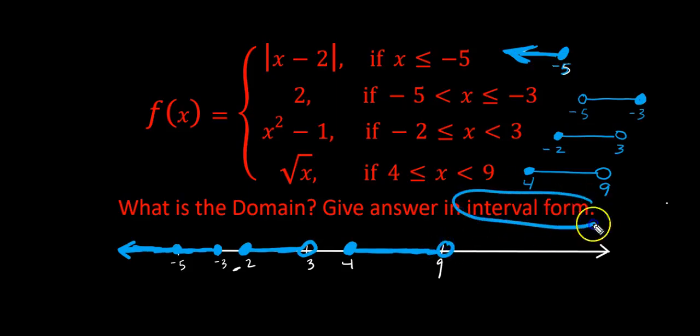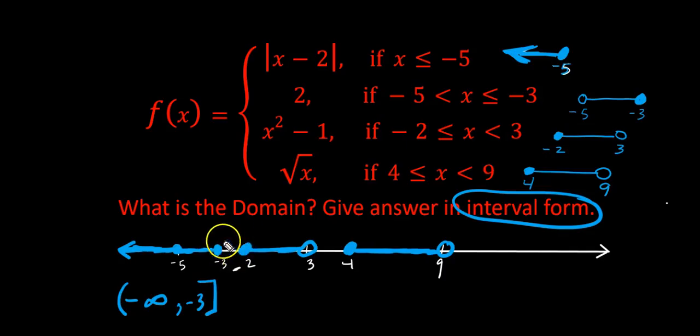Now, finally, we can give our answer in interval form. Go through from left to right, writing in interval form everything you see in blue. So there is no left limit. So I'm coming in from -infinity, and positive or negative infinity, you always use a parenthesis or a round bracket. There is no gap at -5. That is smooth. And this first piece ends at -3, and -3 is included, so I draw a square bracket there.